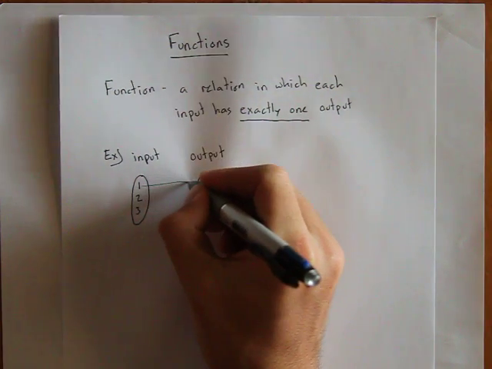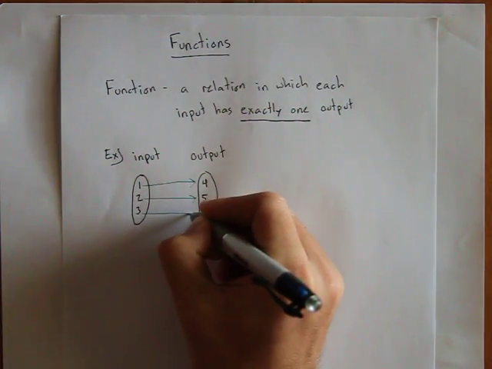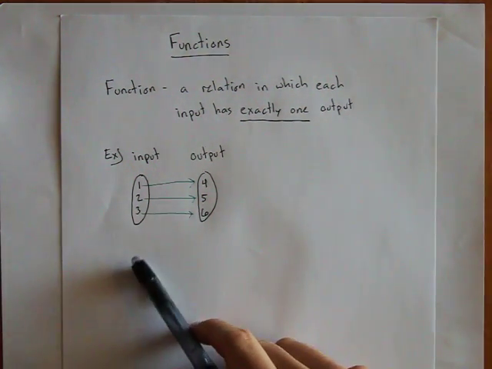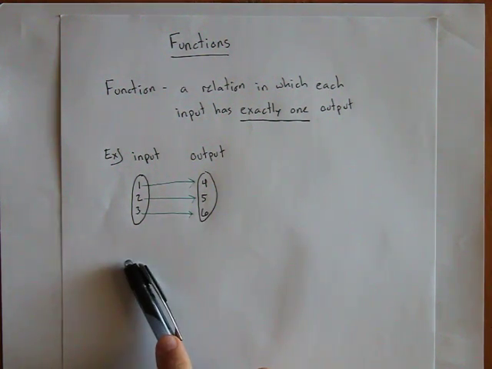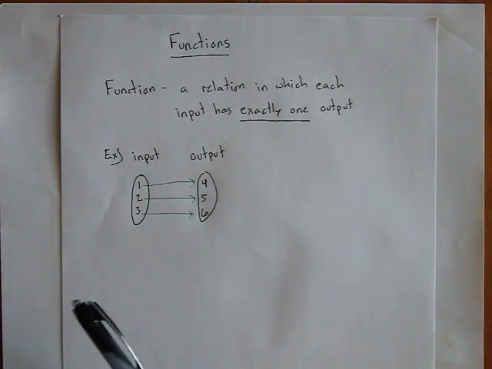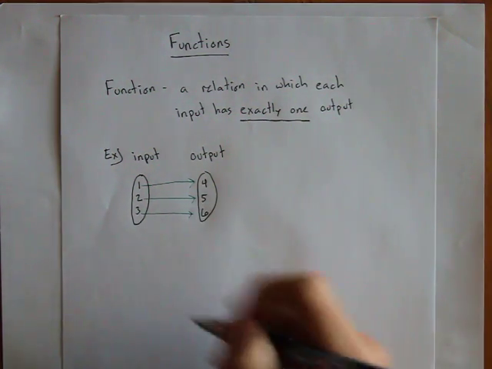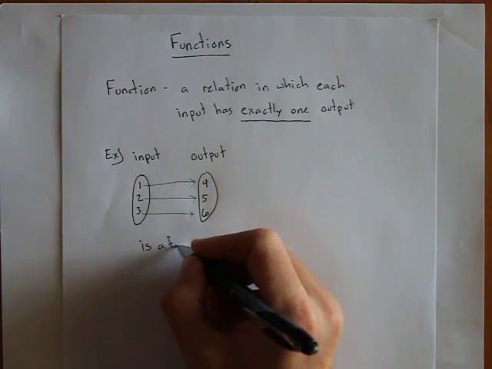I'm going to say that 1 maps to 4, 2 maps to 5, 3 maps to 6. If we look at this example, no matter what number you give me in the inputs or the domain, I know what I'm going to get for the output. 1 only has one choice. 2 only has one choice. 3 only has one choice. So we would say that this is a function.